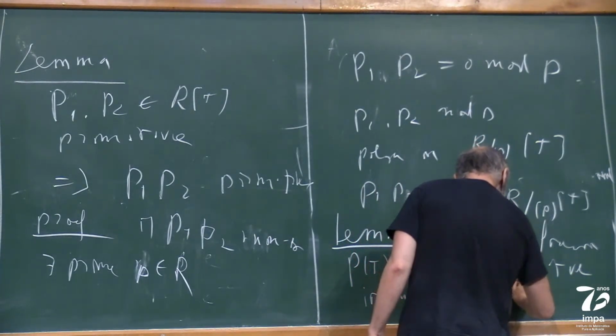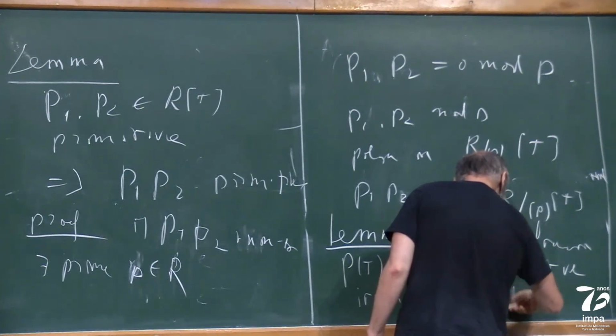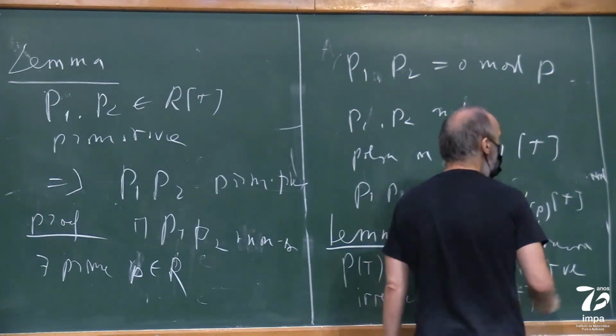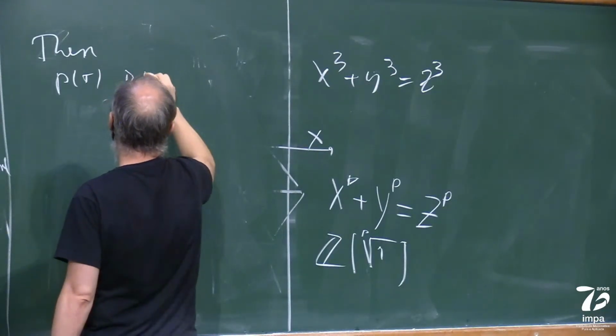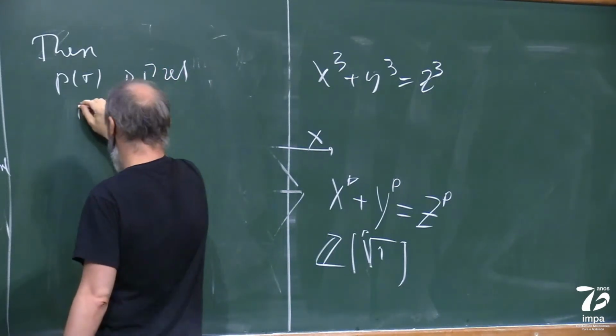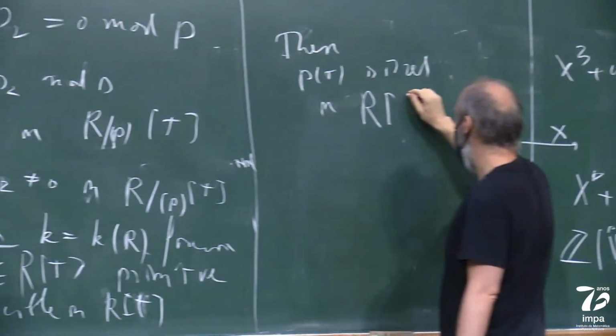So it's irreducible as a polynomial over the fraction field. Then this polynomial P(T) is irreducible in the whole ring R[T].